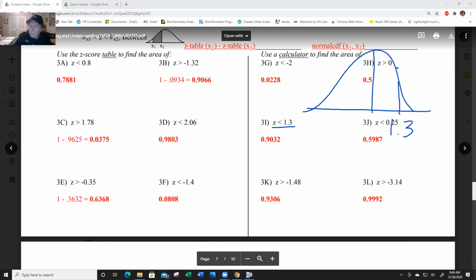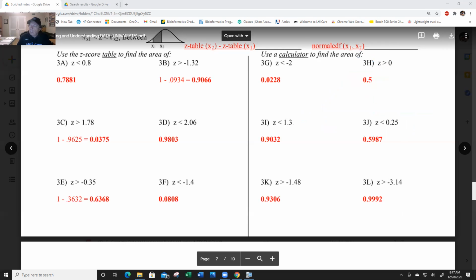So 1.3, the area below that is going to be greater than 84%. You can see the answer is about 90%. So I need to type in the lower bound, negative infinity, which I'm going to use as negative 100, then the upper bound, 1.3. Okay, so let's try that one.